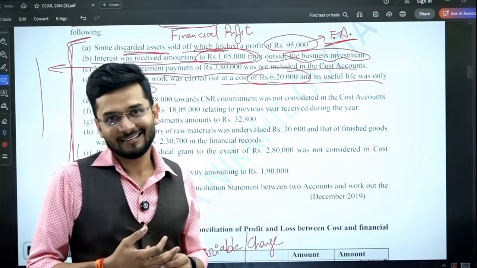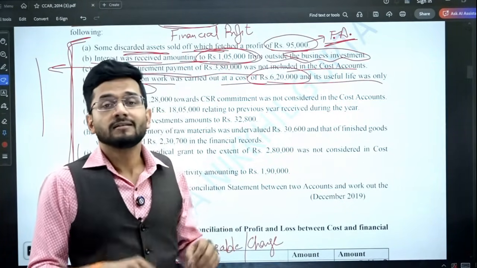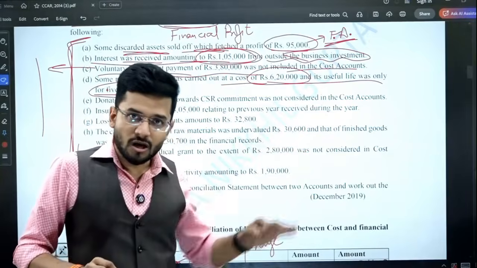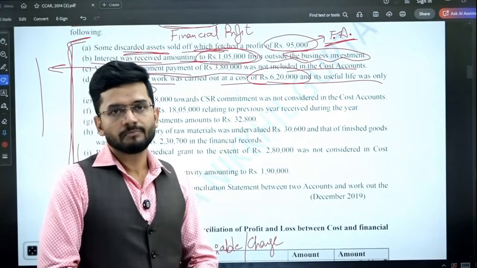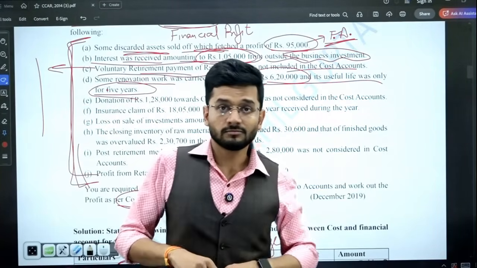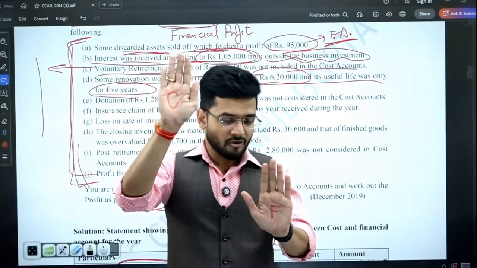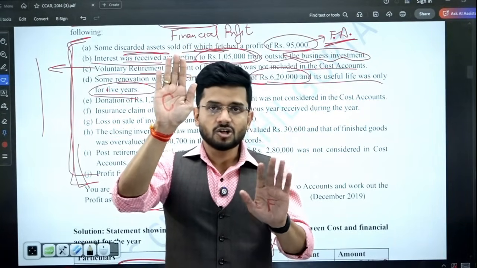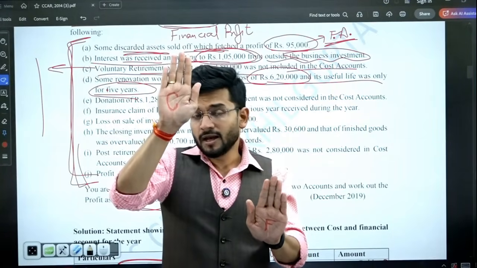That's an assumption. Although it's not given in the question, there's an implicit assumption that by mistake, you have written it off completely in your accounts, completely reduced from your financial accounts. However, the reduction should have been only 1/5 of the amount. So your financial profit is reduced, very less. Your costing profit is high. So what are we going to do?